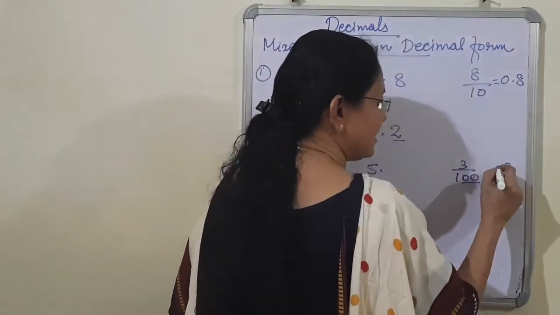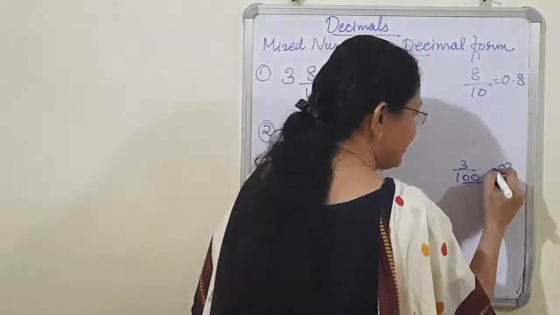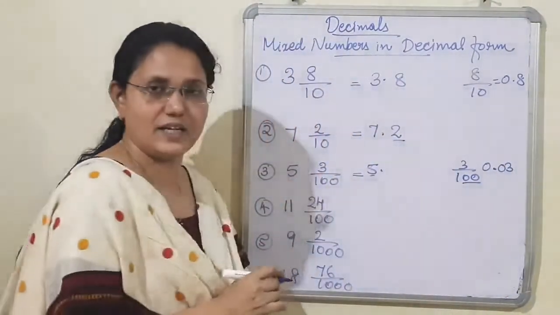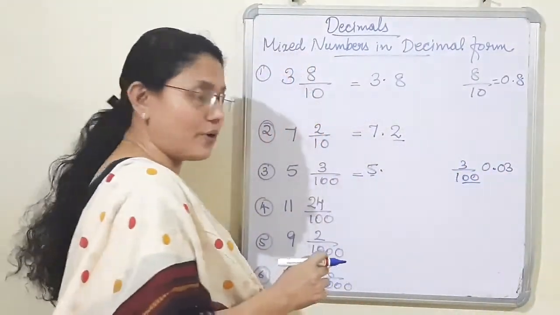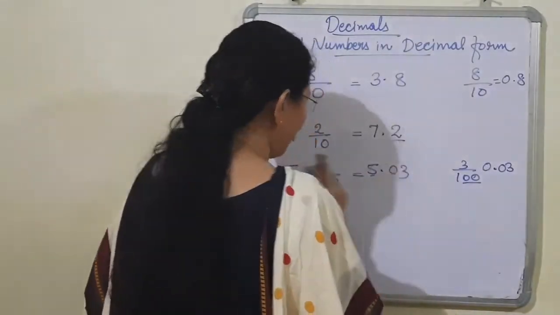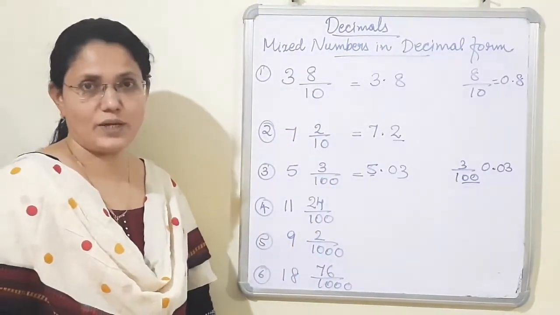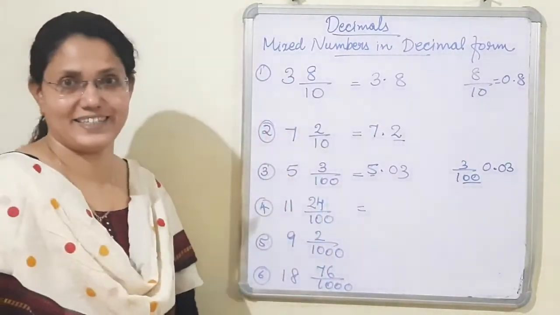First write 3, then on the left side of it put a 0, then the decimal point, then 0. The whole number part 5 is already there, and the decimal part of 3 by 100 is 0.03. Therefore 5 3 by 100 is 5.03.